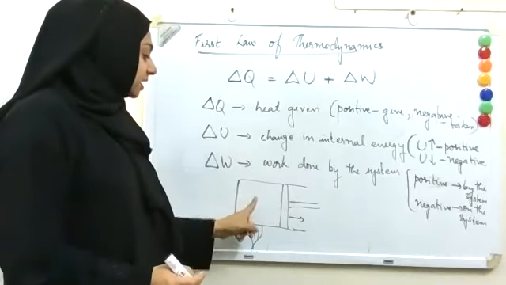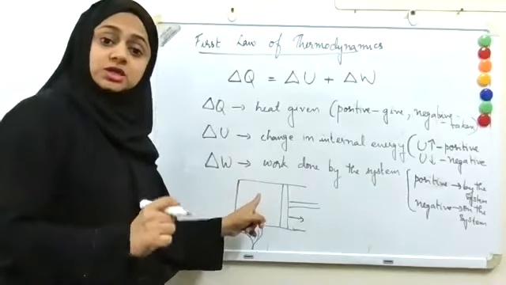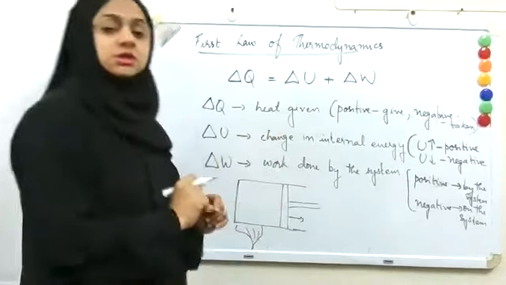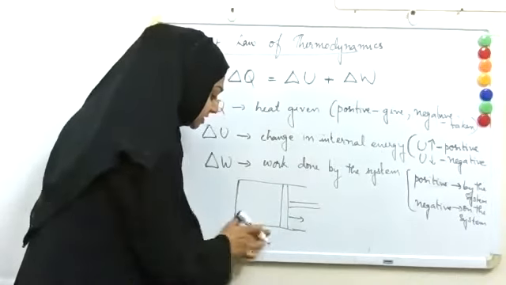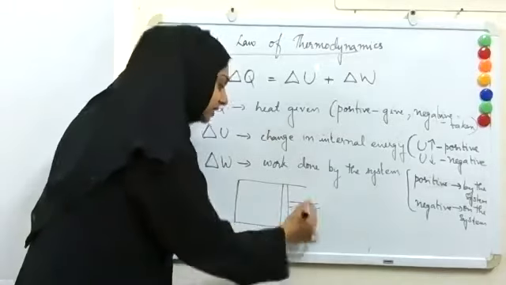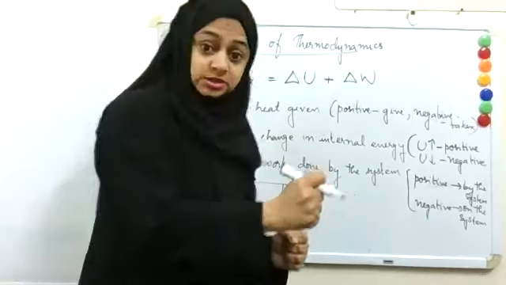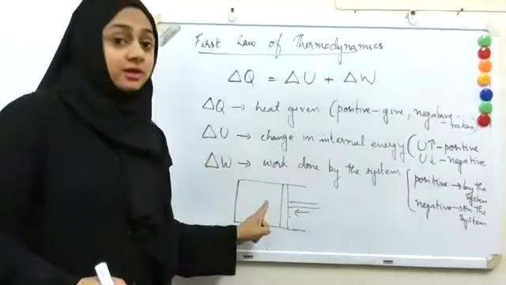Then we can tell that delta W is positive because work is done by the system. The air is pushing the piston out. So it's doing work. Now, instead of heating that, if you are pushing the piston in with your hand, you are doing work on the system. In that case, delta W is taken to be negative.